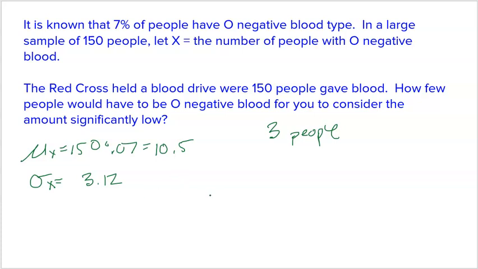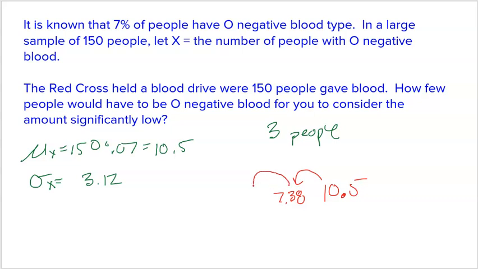But if you're looking for one more way to do this, now, I like what I just showed you, but think about standard deviations. We expect 10.5. If we go down 1 standard deviation, that would be 10.5 minus 3.12. We get 7.38. Going down 1 standard deviation is not really that weird, because most data is within 1 standard deviation.